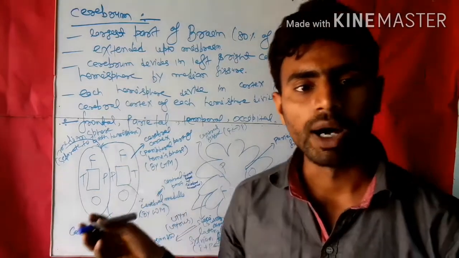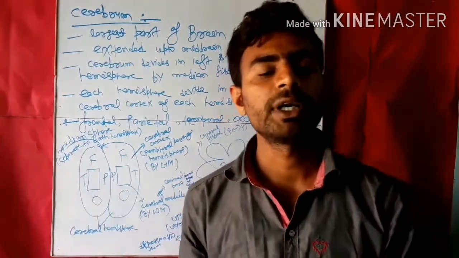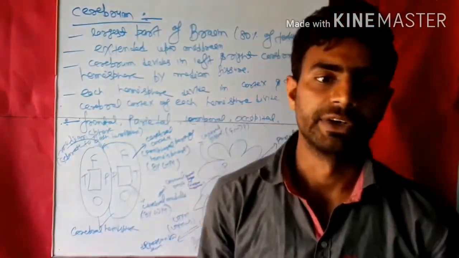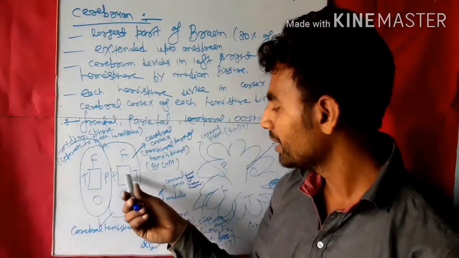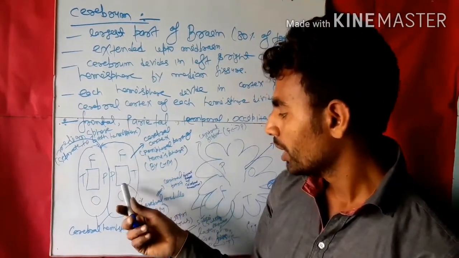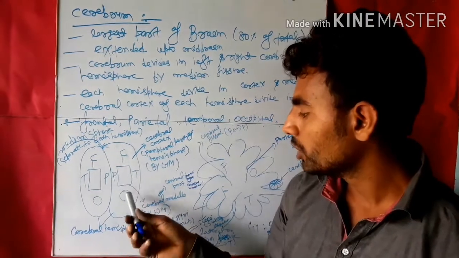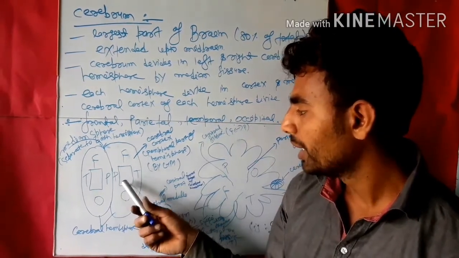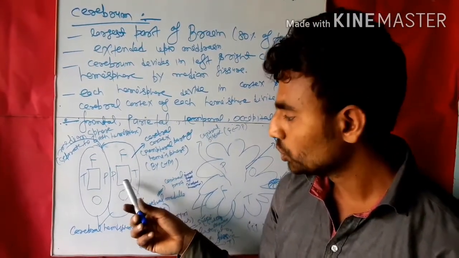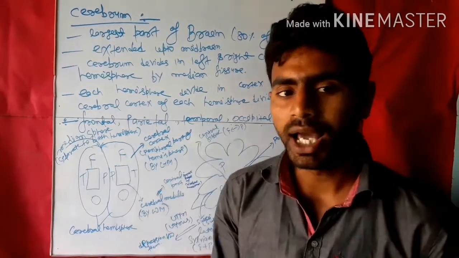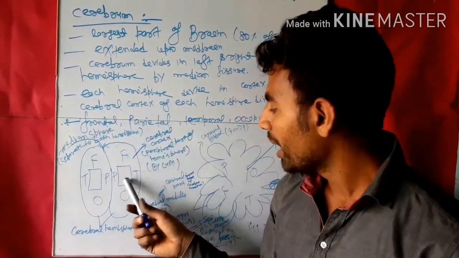Its color is white, so the cerebral medulla is also called white matter due to its white appearance.